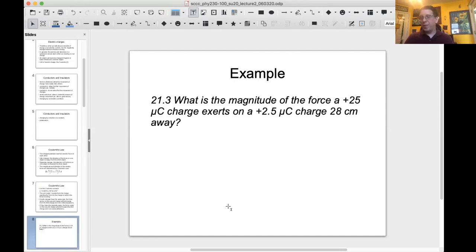So let's do our first example. What is the magnitude of the force a positive 25 microcoulomb charge exerts on a 2.5 microcoulomb charge 28 centimeters away? So we have two positive charges.